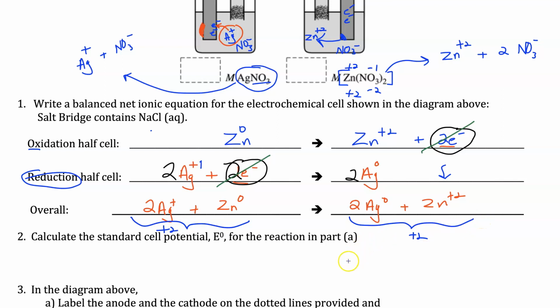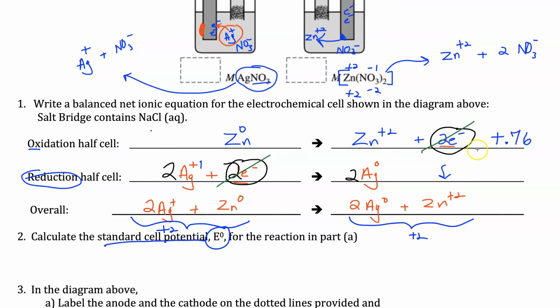The next part of this is calculating the E0, or the net potential, or the electromotive force. It's got a bunch of different names. The bottom line is, what's the total voltage? We call it the standard cell potential because we're going to use the standard cell experiment that gave us the reduction potentials in that chart. When we looked at the chart before, we know that the oxidation of zinc was positive 0.76.